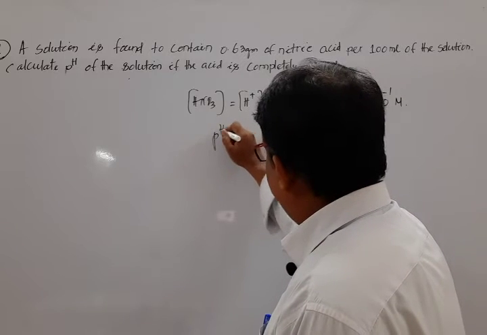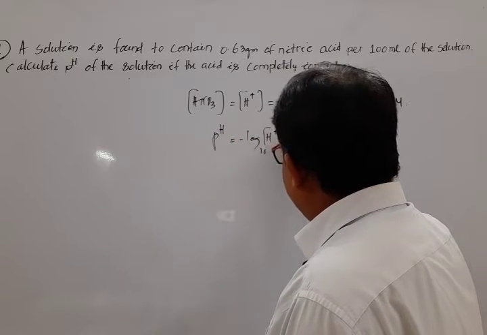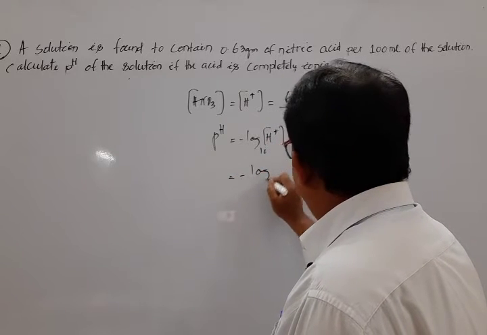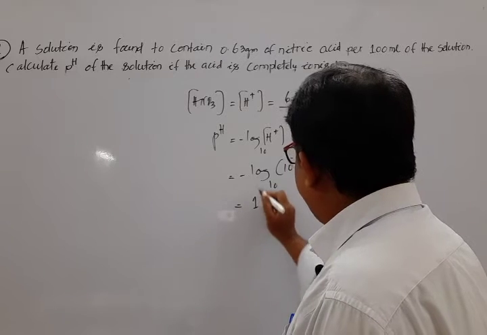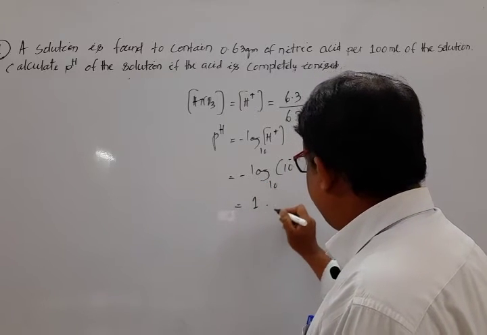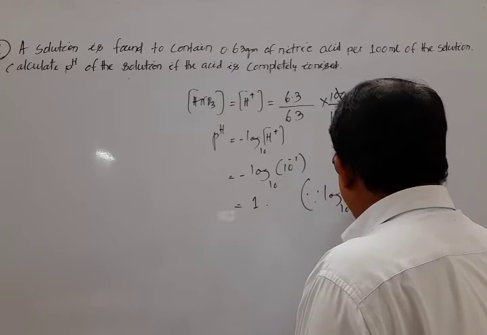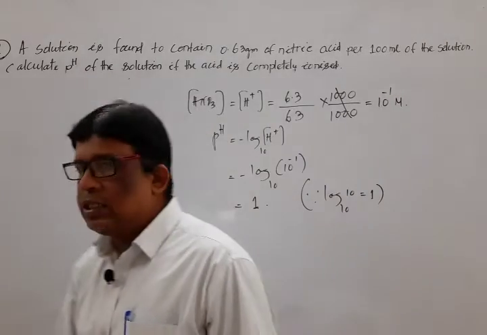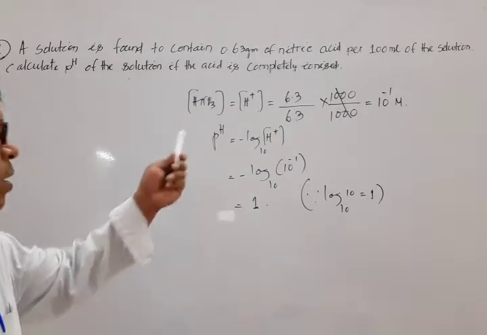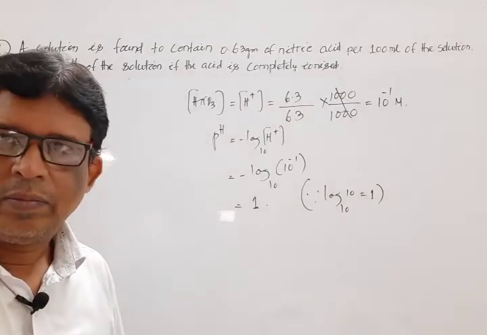So pH we know is equal to negative logarithm of H plus ion concentration, which is equal to negative logarithm of 10 to the power minus 1, which is equal to minus of minus 1. Log 10 is 1, we know log 10 is equal to 1. So pH of the nitric acid solution containing 0.63 gram in 100 ml is equal to 1.